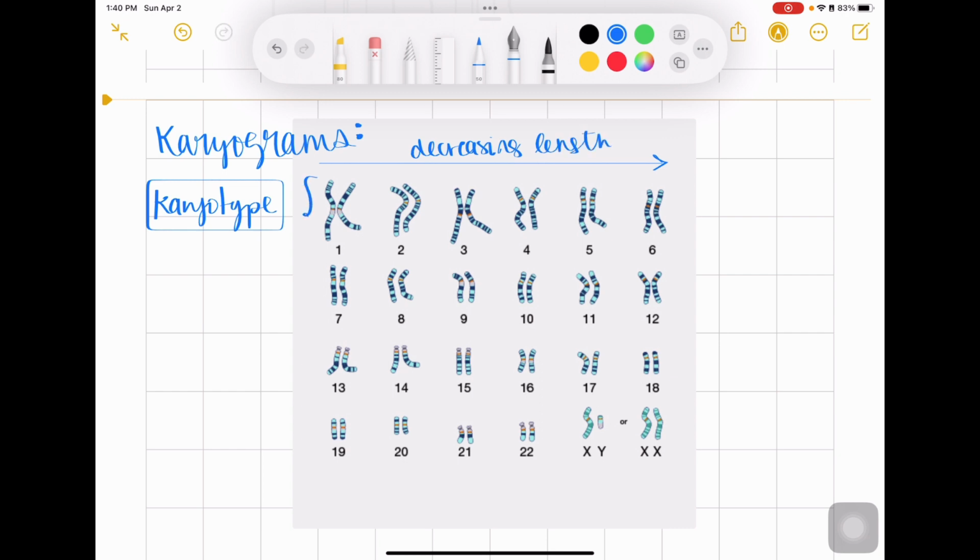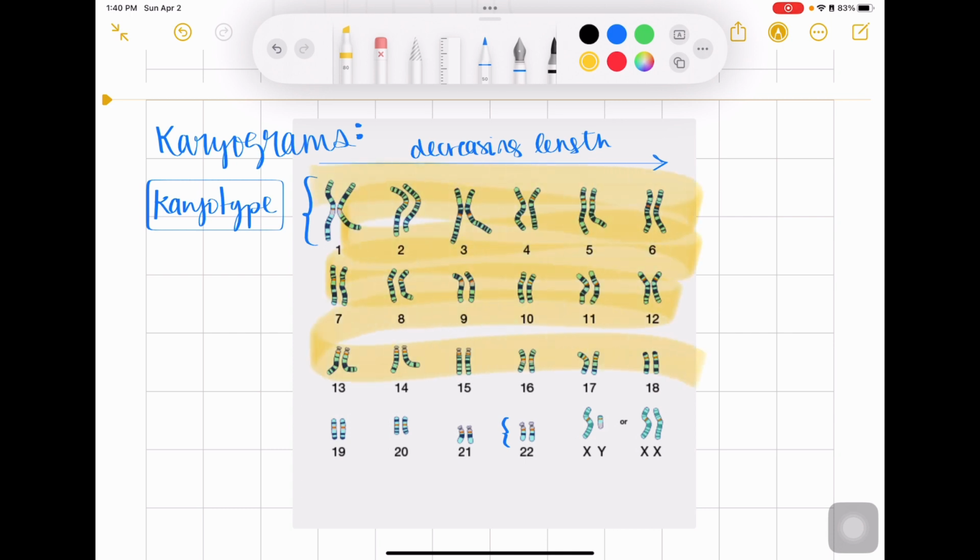We can see number 1 is the largest and number 22 is the smallest. So these are for the autosomal ones. Autosomal means they are the regular body chromosomes. They're not our gametes, they're not anything like that. So those are the yellow ones. Yellow is autosomal, which are pairs 1 to 22.